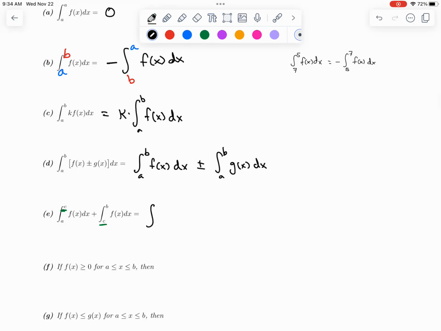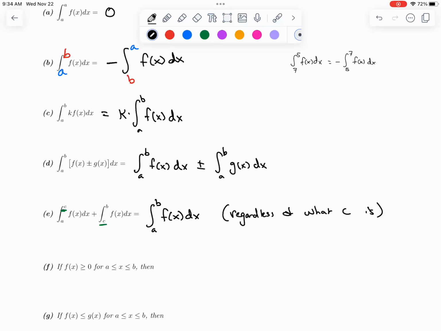So this is equal to the integral from a to b of f of x dx, regardless of what c is. So c could be a much larger number than a and b. It doesn't matter. If the first one ends and the second one starts at the same number, you can combine them together.